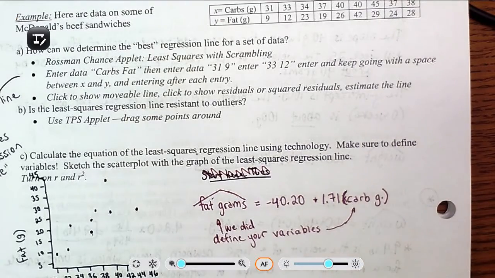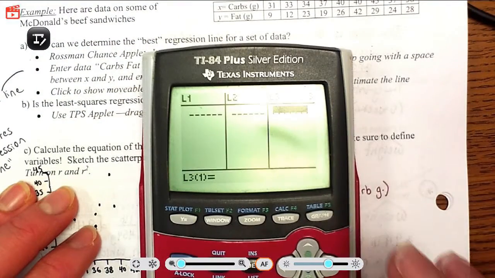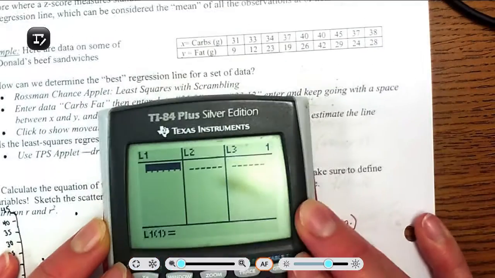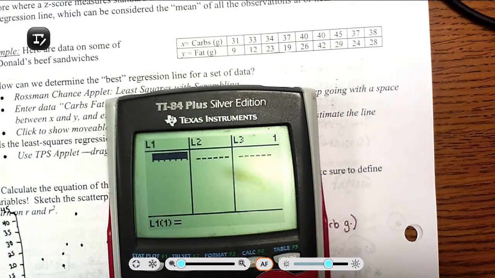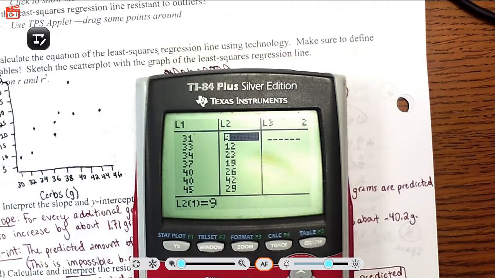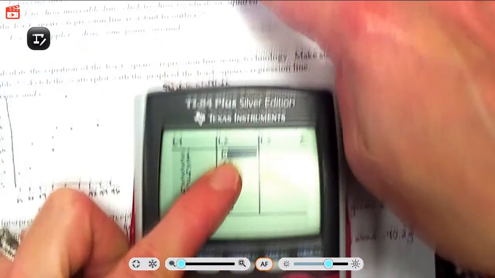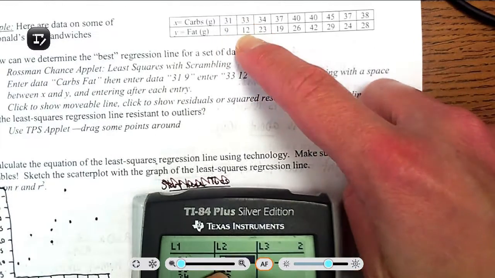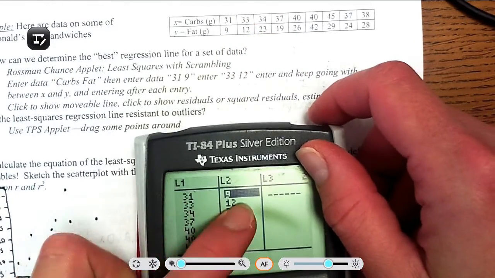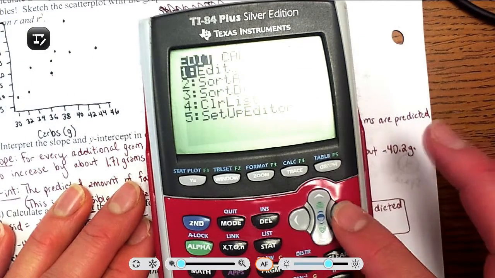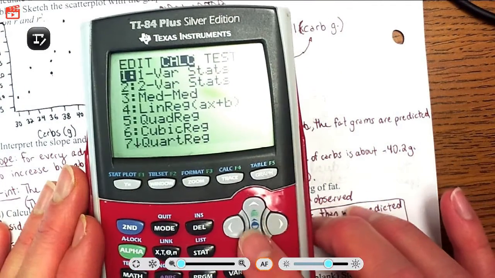And I calculated the least squares regression line. So in stat edit, I put in L1 all my x's and in L2 all my y's. So here's my data all plugged in, 31 and 9 and 33 and 12 and so on. To get my least squares regression equation, I'm going to go stat, calc, linear regression.